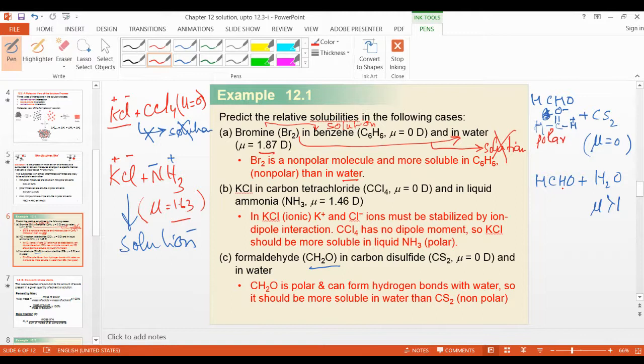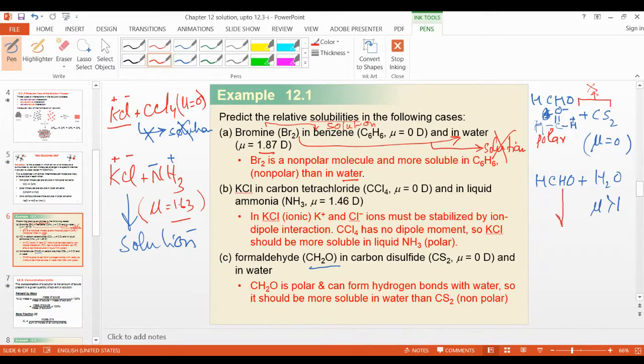Because both are polar, both have dipole moment over one, while carbon disulfide is equal to zero. Yeah, because this is non-polar, so they will not make a solution, right? Right, they will not.